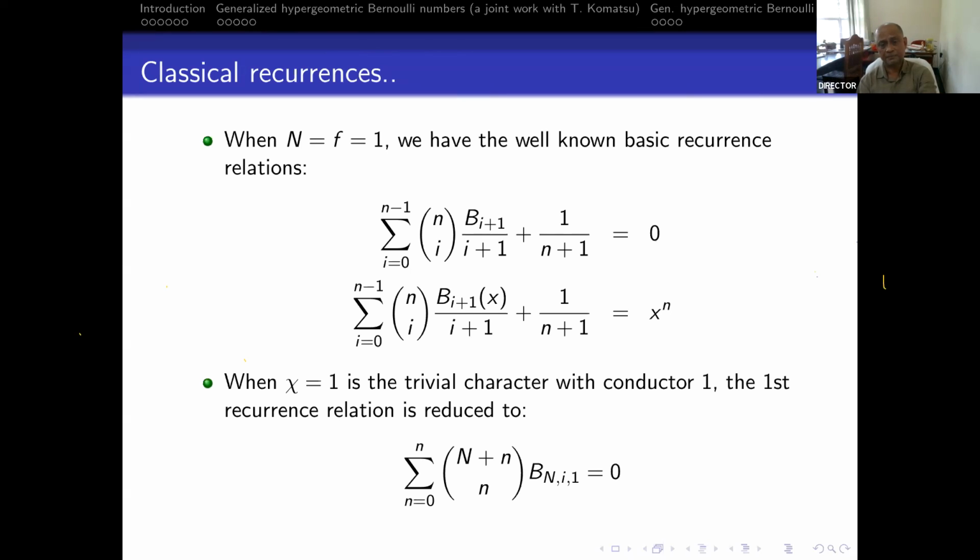And the next project will be to really look into the zeta function associated to these generalized hypergeometric Bernoulli numbers and polynomials, define that and try to see those properties, as in some of the literature that I had mentioned, to continue the further study of these generalized hypergeometric Bernoulli numbers and polynomials. So let me close my presentation with some calculations of these particular numbers that we have introduced.